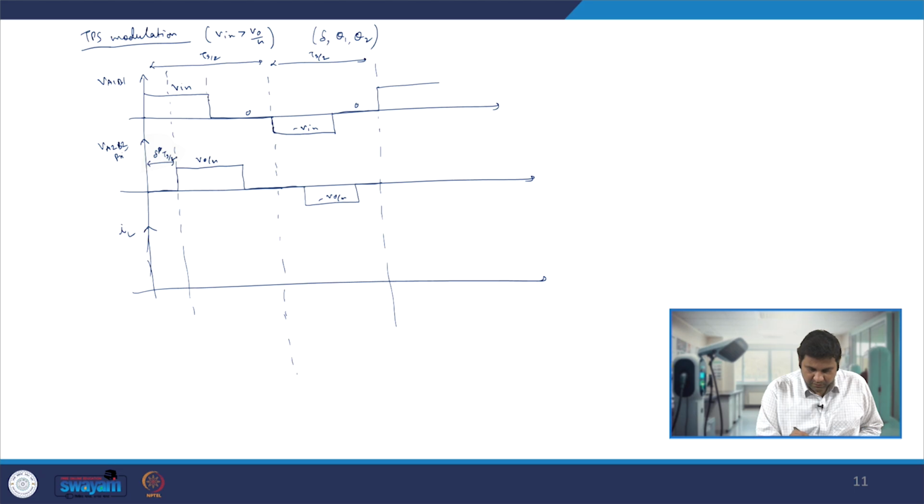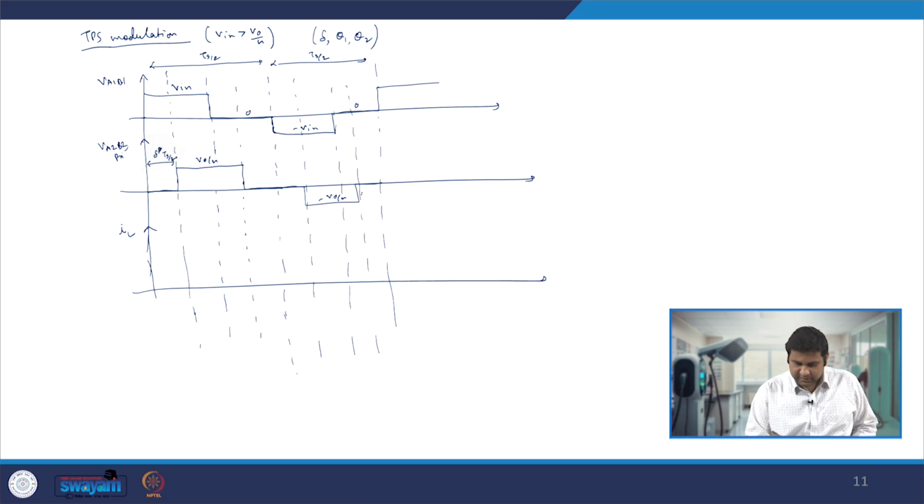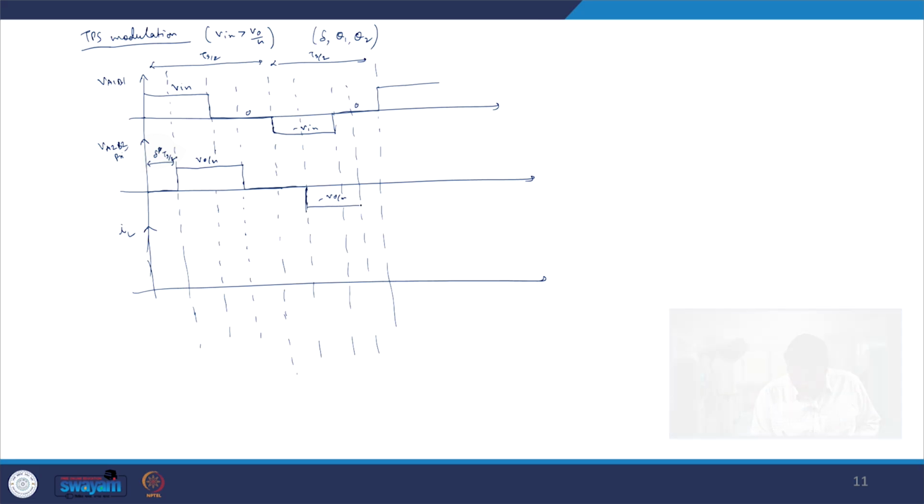So then if we look very carefully, we have several other time periods, something like this. There will be several steps in the IL waveform.